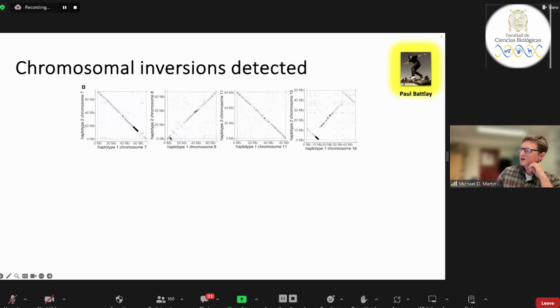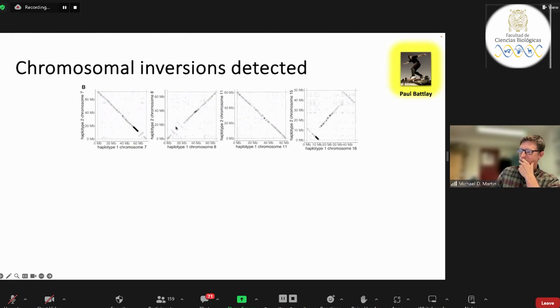You see, as you would expect, that they're 1-to-1 aligned, and then suddenly they're opposite aligned. So the whole region has been inverted on one haplotype versus the other. And then it goes back to a linear relationship, and then a huge inversion, and then a linear relationship. So we found lots of those.